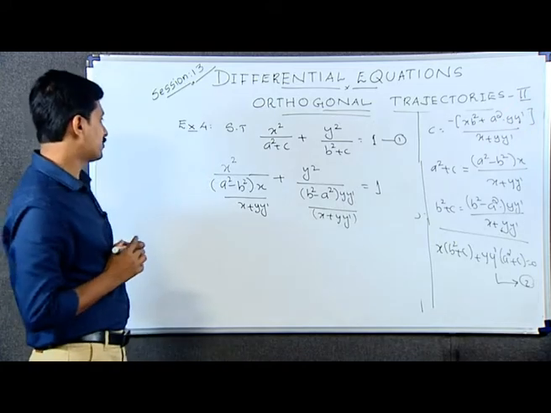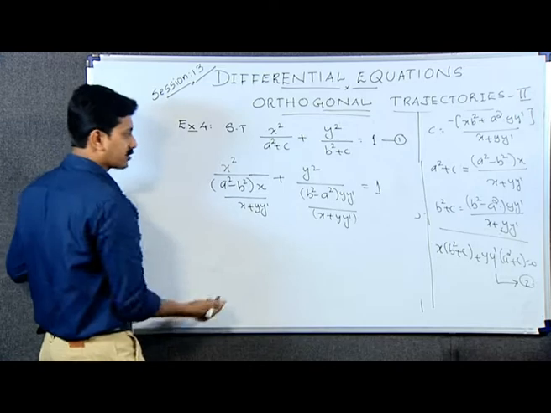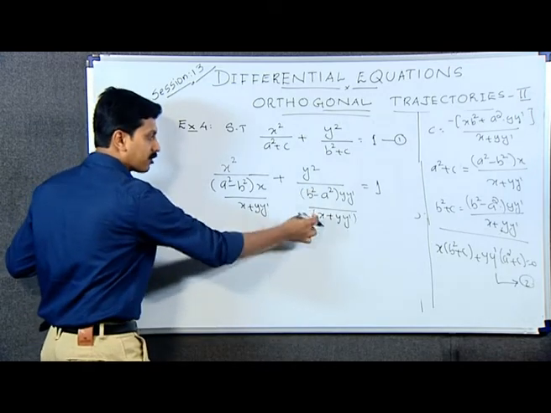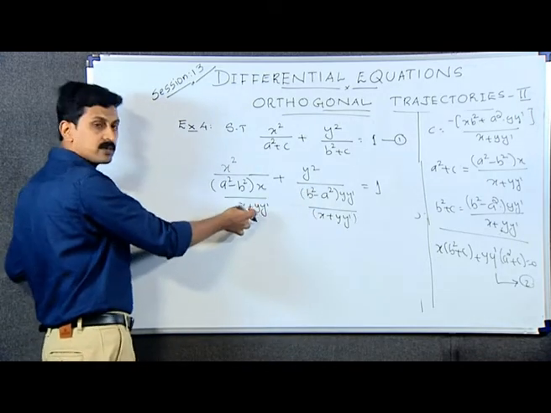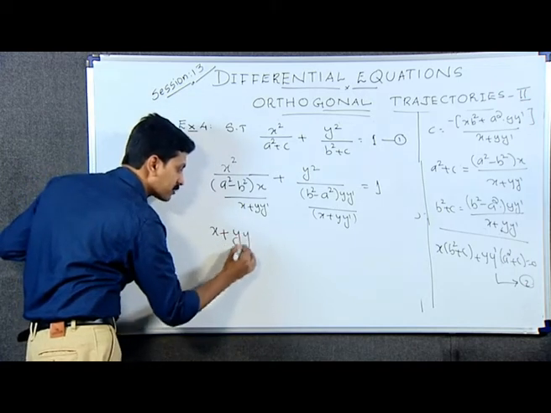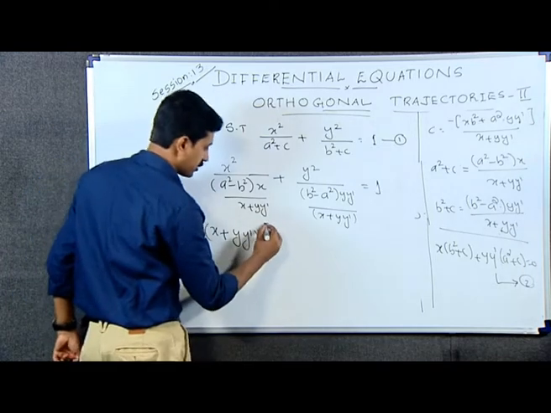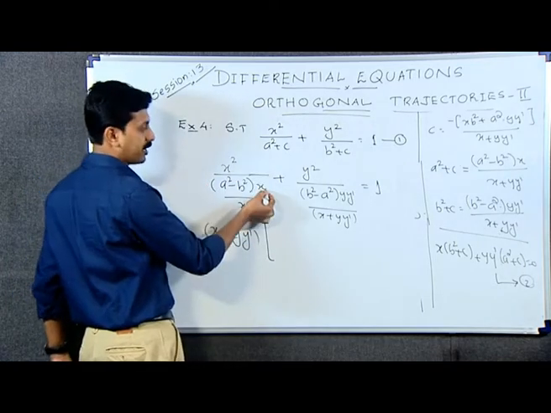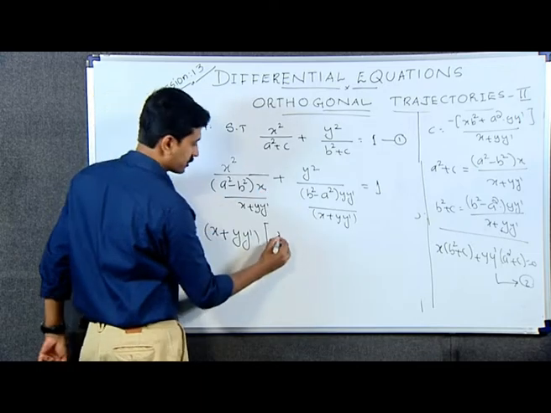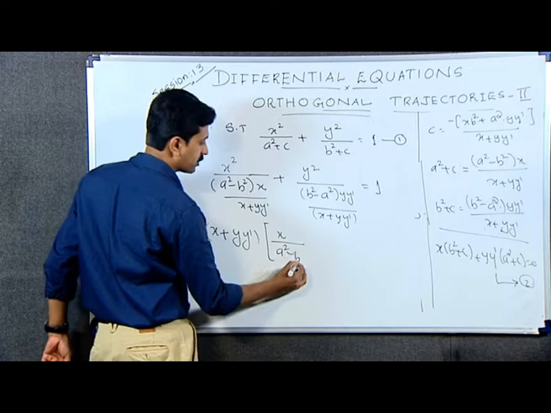See here, I am taking this x plus y dash as common in both; there is a common denominator, and the denominator of the denominator goes to the numerator, therefore I can replace it. I am taking x square by x, we will have x divided by a square minus b square.